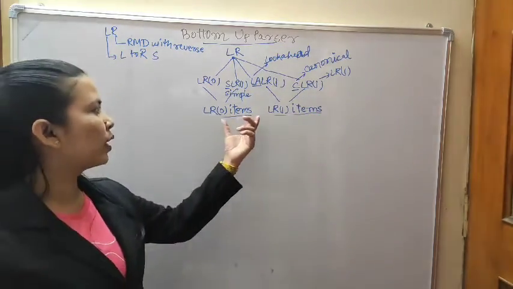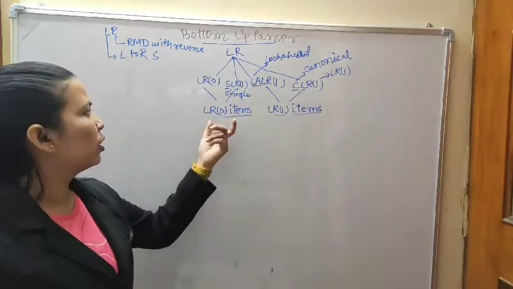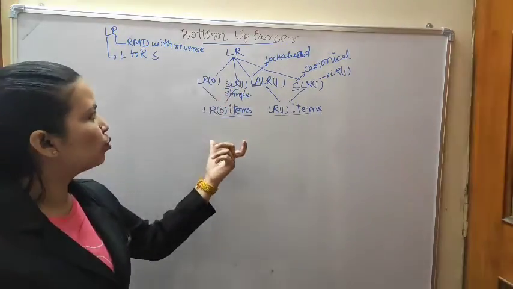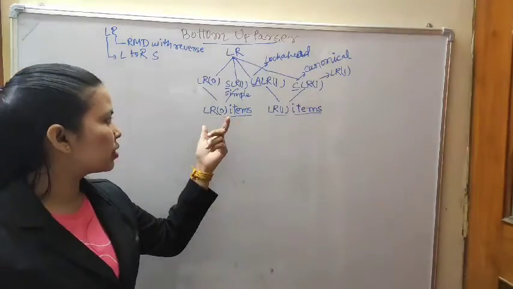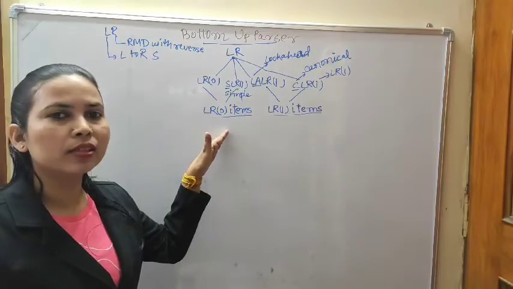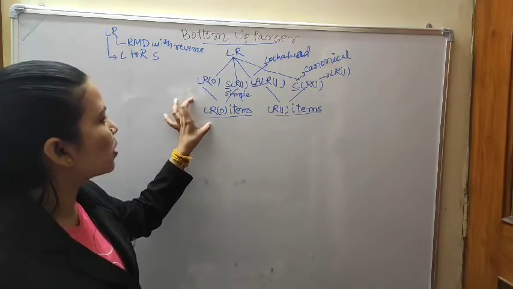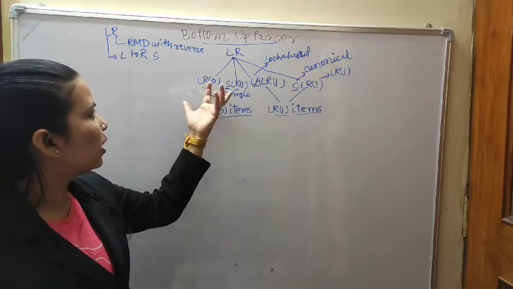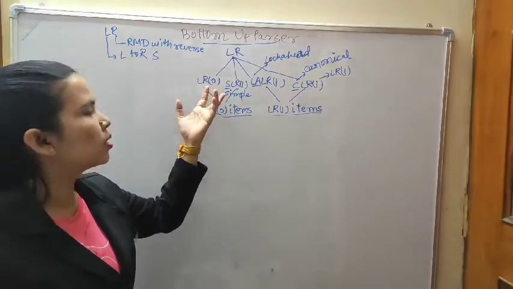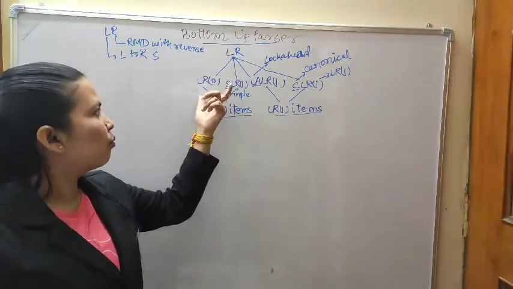LR0 items: whenever we are constructing the canonical collection of sets, for these two parsers we construct only the LR0 items for the canonical set. From the canonical set of LR0 items we get the LR0 parser table and the SLR1 parser table.